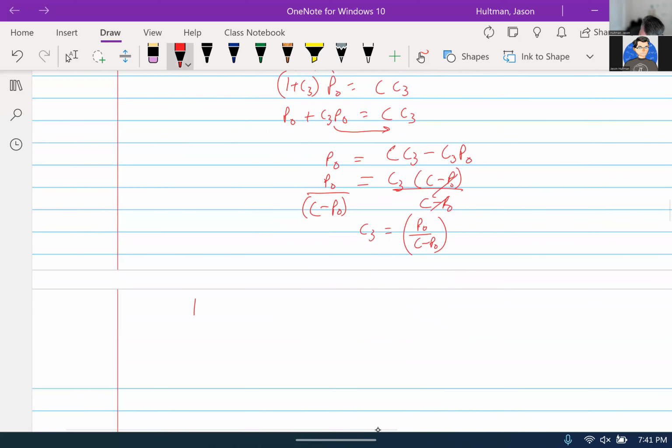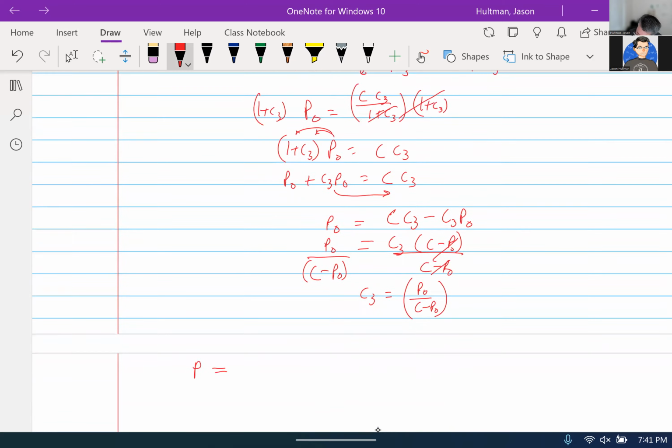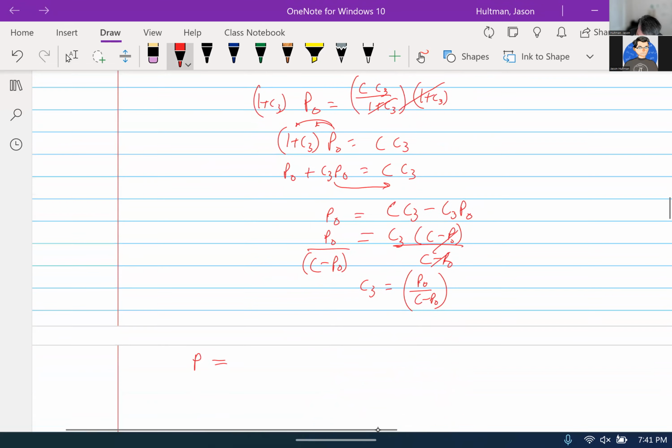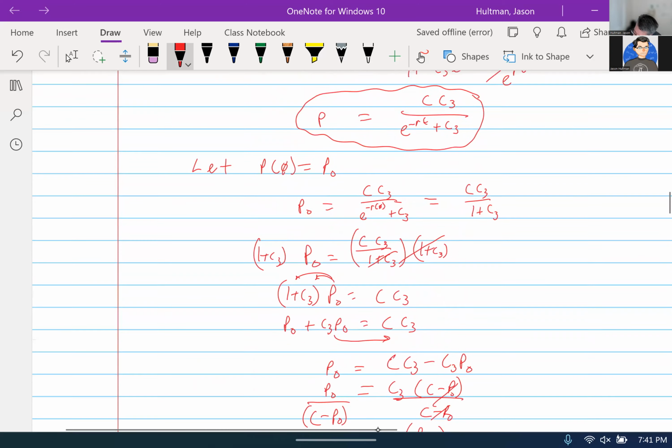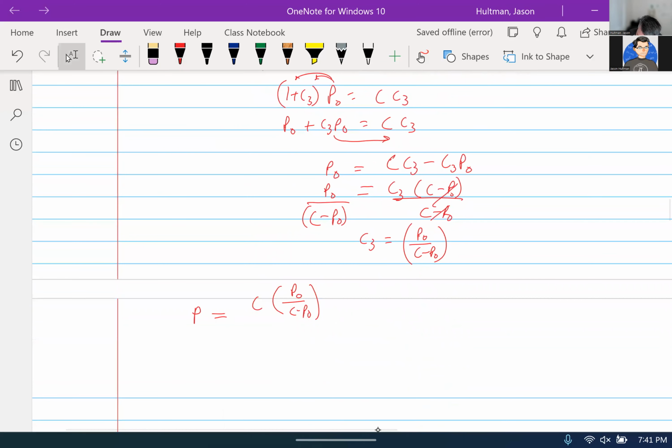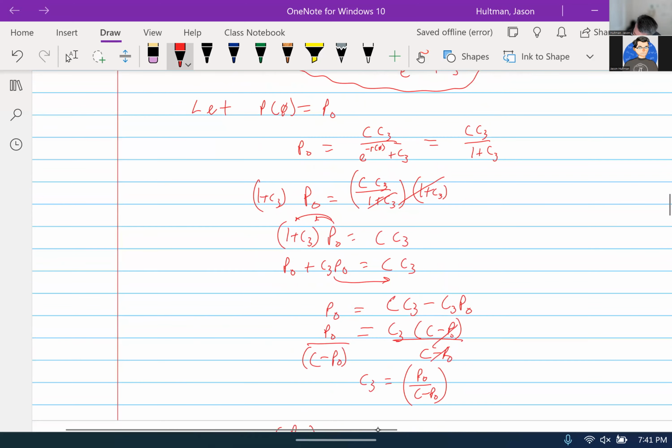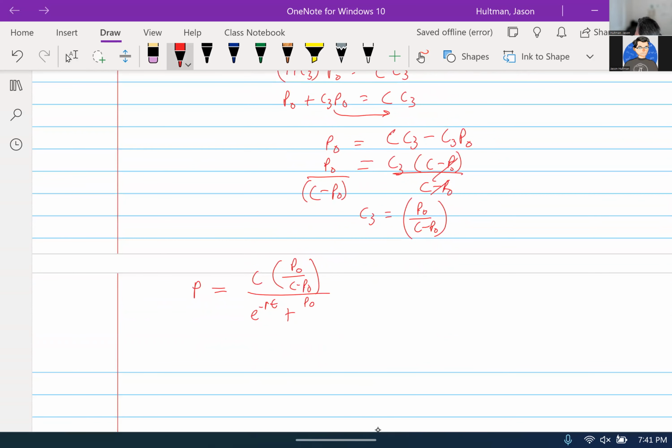So we'll say that P is equal to C times P naught over C minus P naught, over e to the negative RT plus C3, which is P naught over C minus P naught. And let's see if we can clean up some of these fractions here.